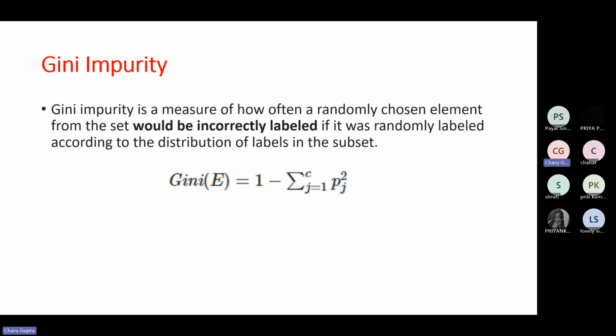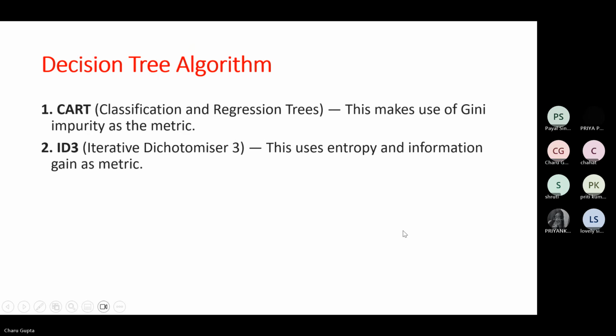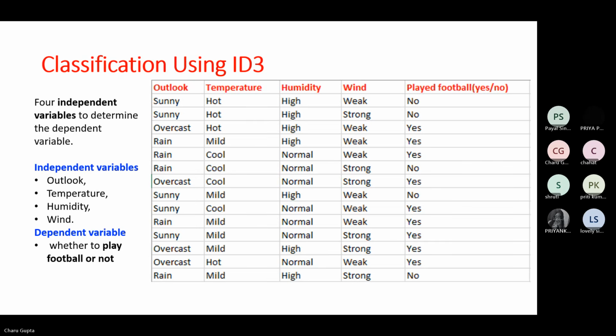Okay. The next is the decision tree algorithm. We have two algorithms, the CART algorithm and the ID3 algorithm. This is an example where we classify data using the ID3 algorithm.